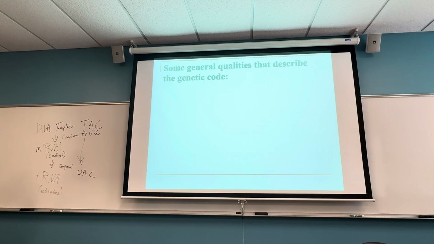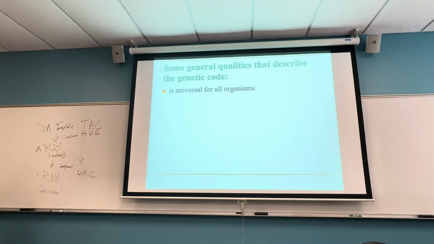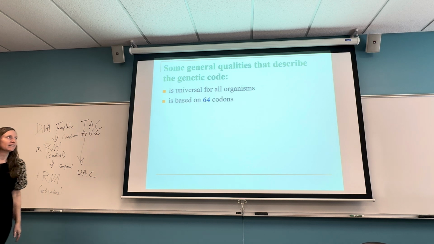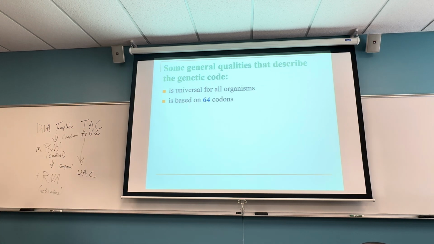All right, so general qualities about the genetic code. It's universal for all organisms. Going back to a common ancestor, we do see that all organisms have A's and T's and G's and C's and U's, and so we do see that universally. It's based on 64 codons.